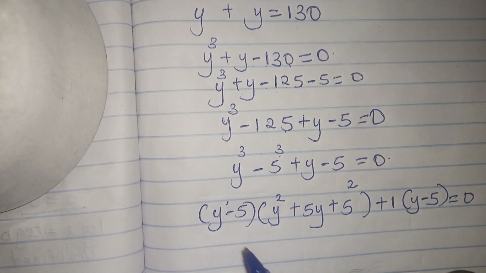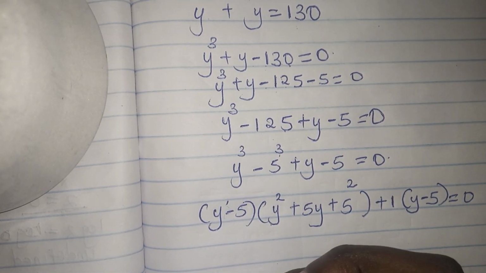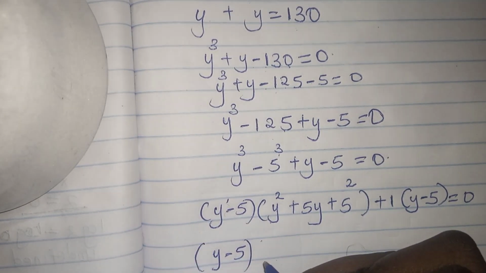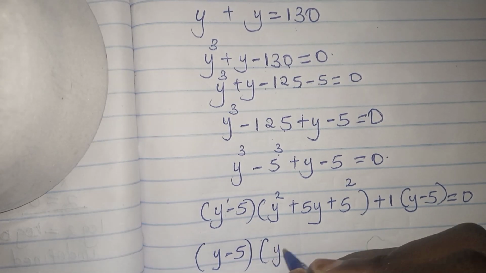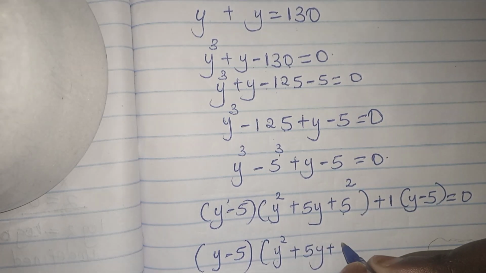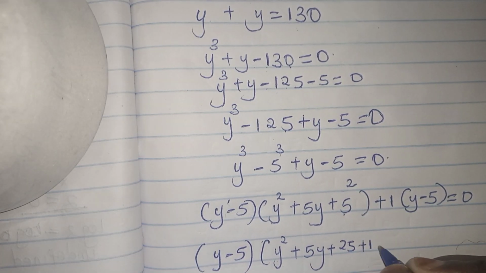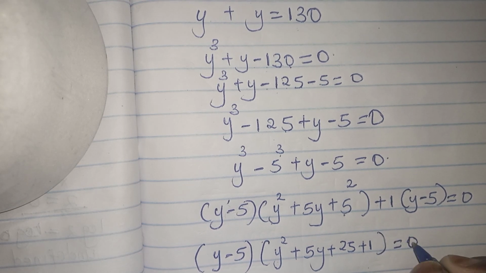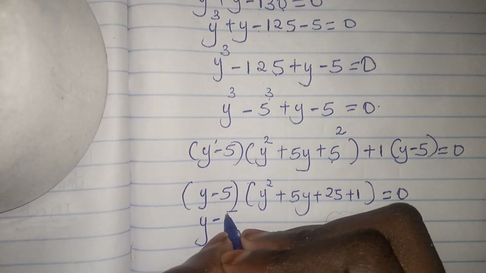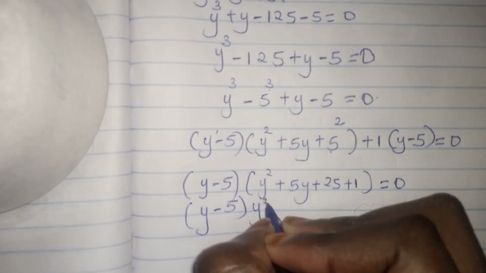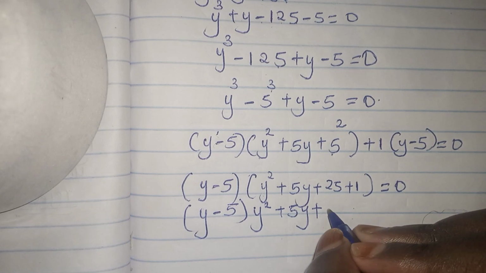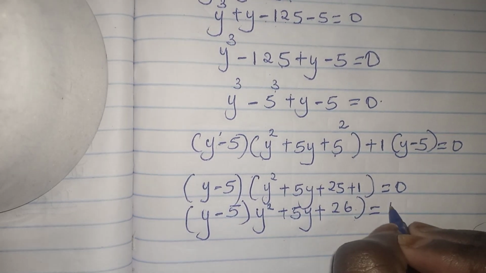If you see here, y minus 5 is common. We have y minus 5, so we shall write it outside the bracket: y minus 5 into y squared plus 5y plus 5 squared is 25, plus 1, is equal to 0. So y minus 5 into y squared plus 5y plus 25 plus 1, this is 26, is equal to 0.